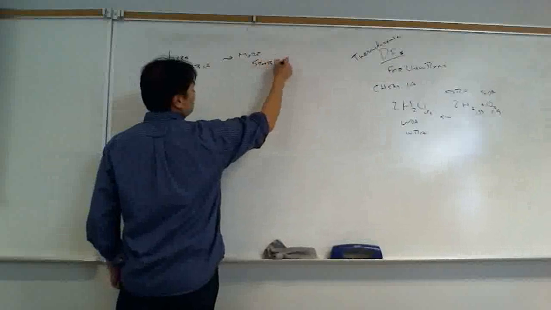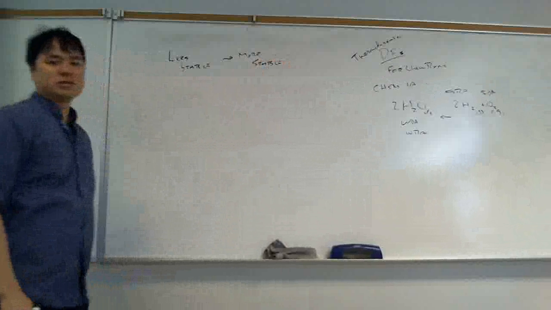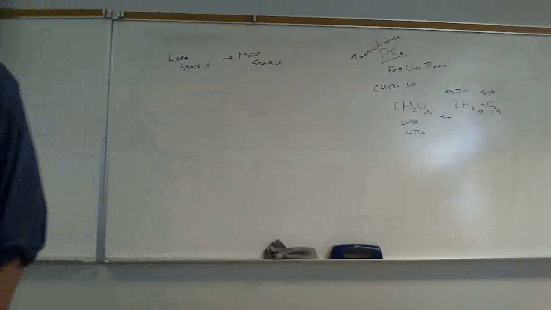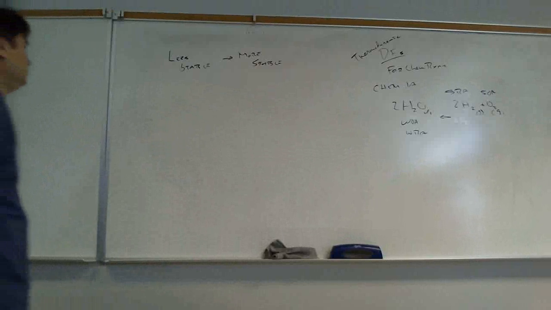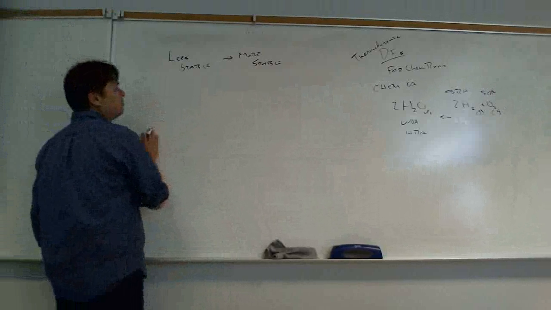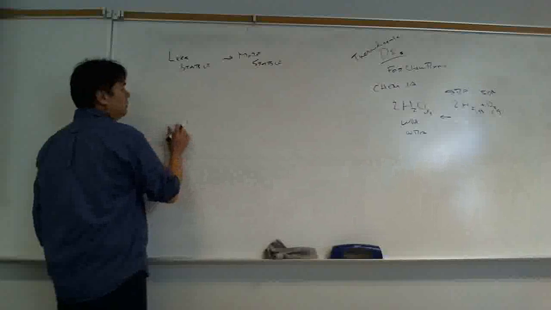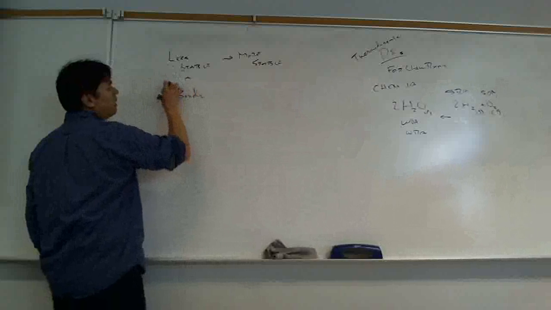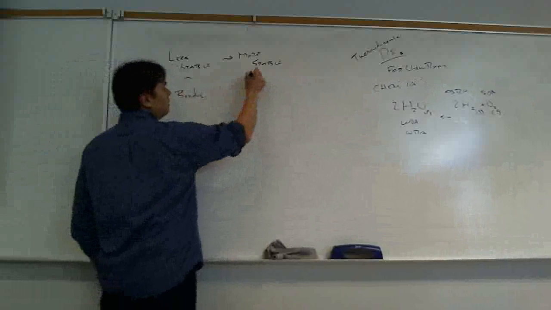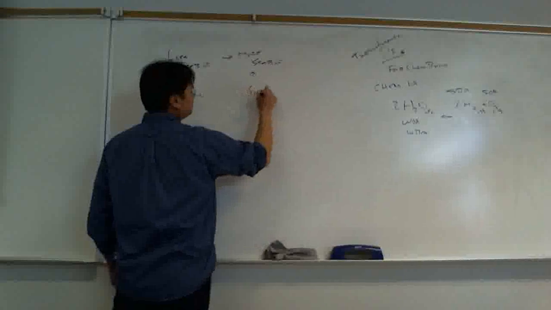And when we talk about stable, what in particular is stable about these? Less reactive. Less energy. Yeah, less energy of what? Typically, what we're talking about are bonds. And so we have less stable bonds going to more stable bonds.